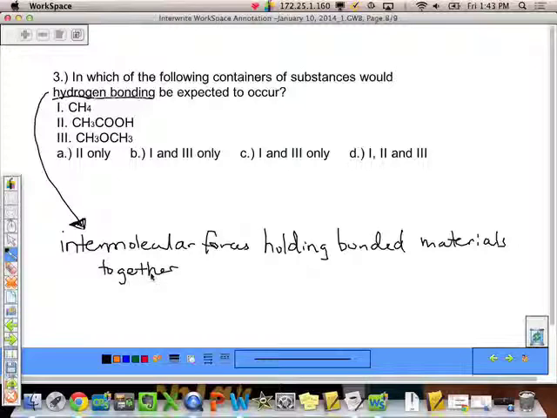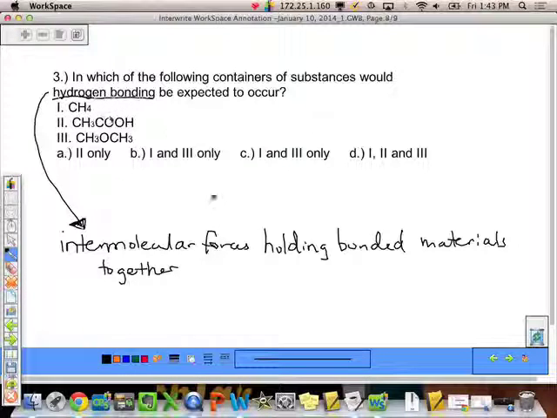So if I have a container of each of these, so a container of CH4, a container of CH3COOH, a container of CH3OCH3, it's asking which of those containers is having all of those molecules held together with hydrogen bonding, as opposed to dipole-dipole or van der Waals. Those are our only other two main options here.